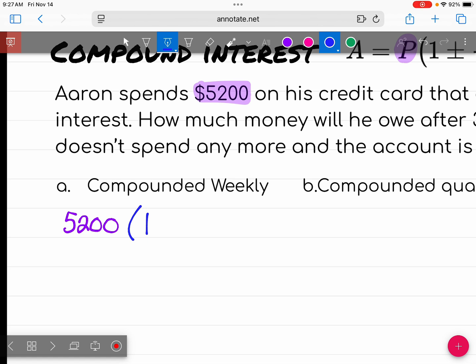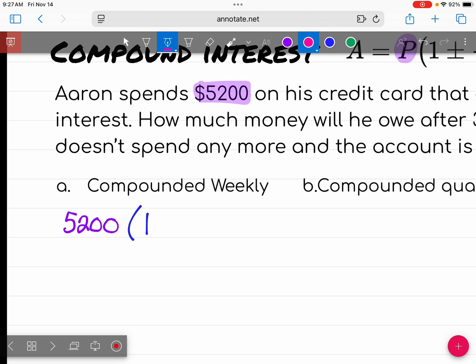If you want this to be a minus because it's charging him, you would need to pay attention to the fact that he owes $5,200. So we would need to have a negative here. What that's going to do is reflect it over the x-axis, and we'd still wind up with a growth equation. So you can set it up either way.